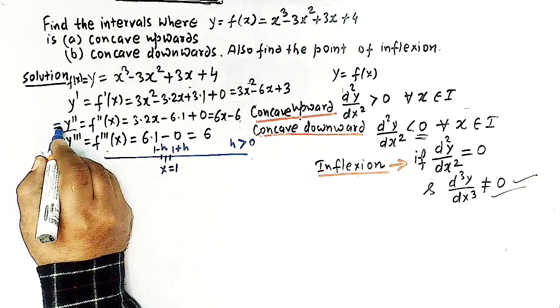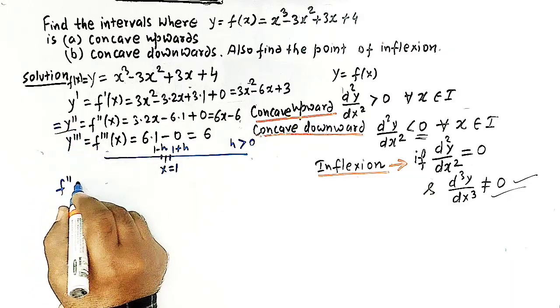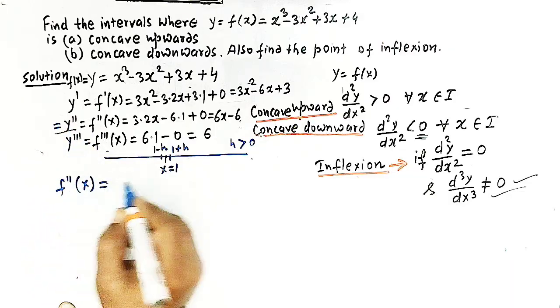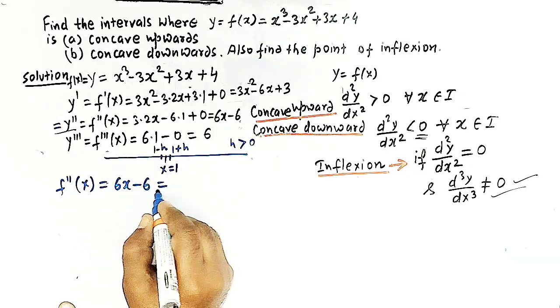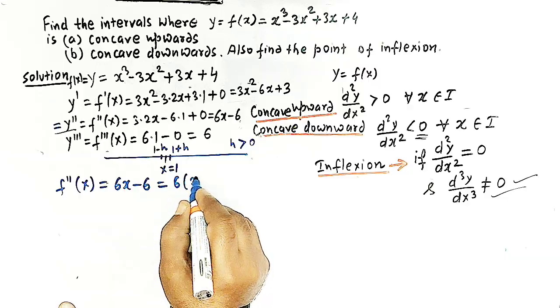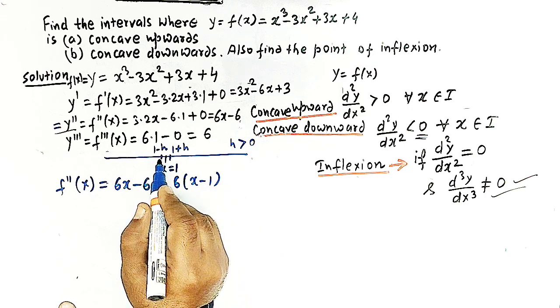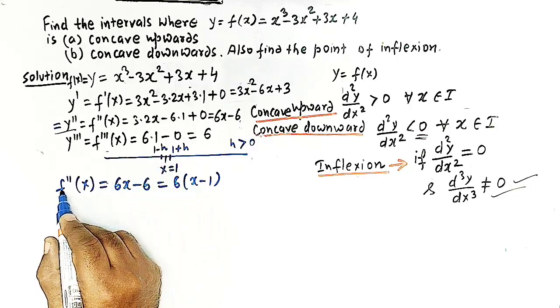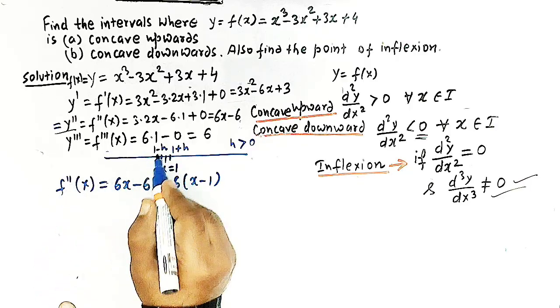So here we have y double prime, that is f double prime x, is equal to 6x minus 6. Taking 6 common, we have 6 times x minus 1. Let us now calculate the value of the second derivative at the point 1 minus h.